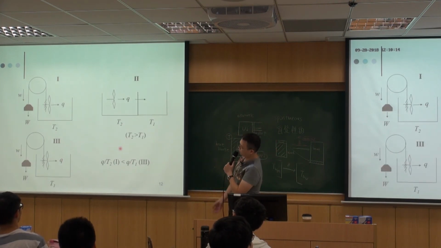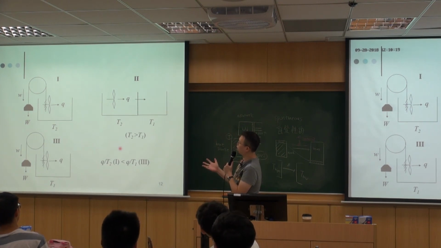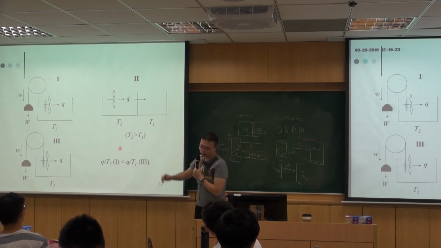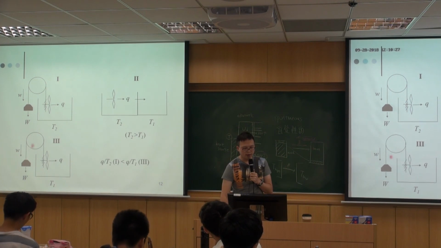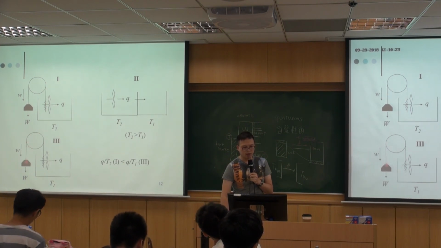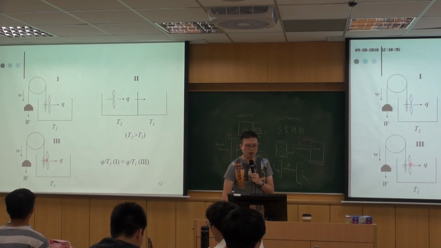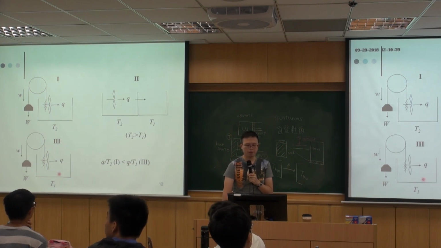So let me go through this very quickly. The textbook is trying to say that we can divide the process into two processes. This is the overall process: if you have this kind of release, the heat will be transferred into the reservoir, which is kept at a constant temperature, T1.